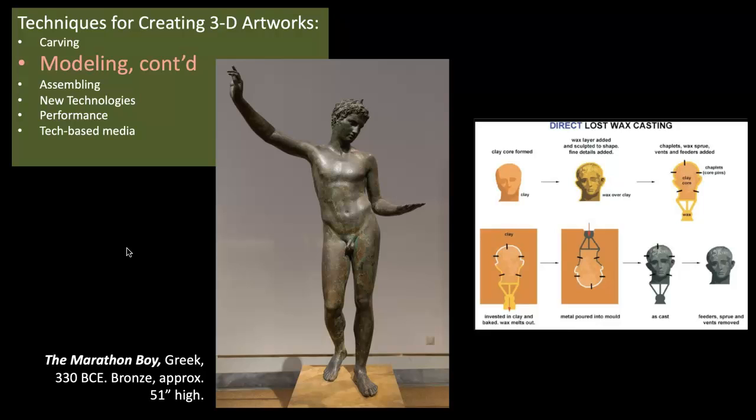So you see that as an example on the left with this sculpture called the Marathon Boy, dating from 330 BCE. It's a bronze sculpture that's life-sized that was created using the lost wax process.